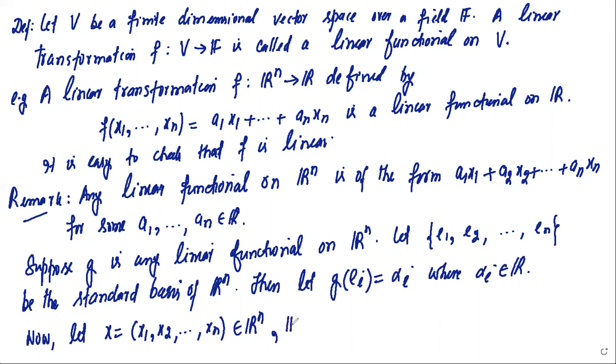Then we can write x equal to x1 e1 plus x2 e2 plus so on plus xn en. Since these ei's are the base vectors, the ith coordinate of ei is equal to 1 and all the remaining coordinates of ei are equal to 0.